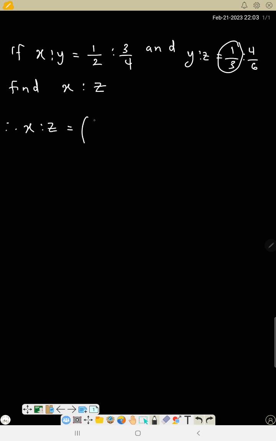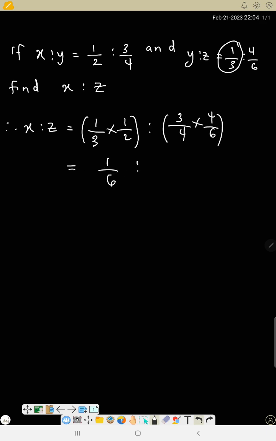So that means this will be 1 over 3 times 1 over 2 ratio, then the last one, 3 over 4 times 4 over 6. So that means this will become 1 over 6 ratio, 4 can go, 3 here 1, 3 here 2, ratio 1 over 2.